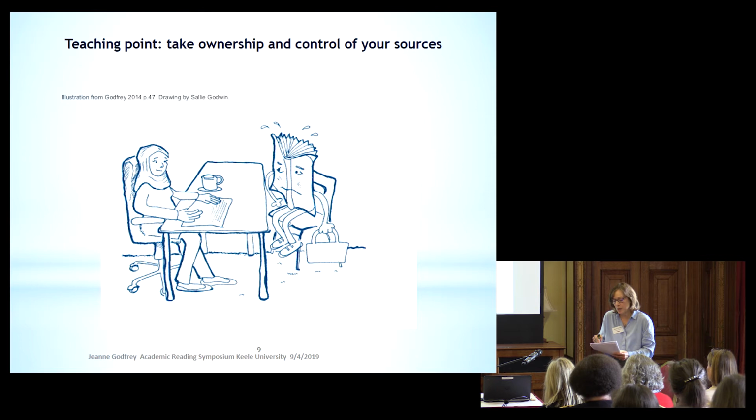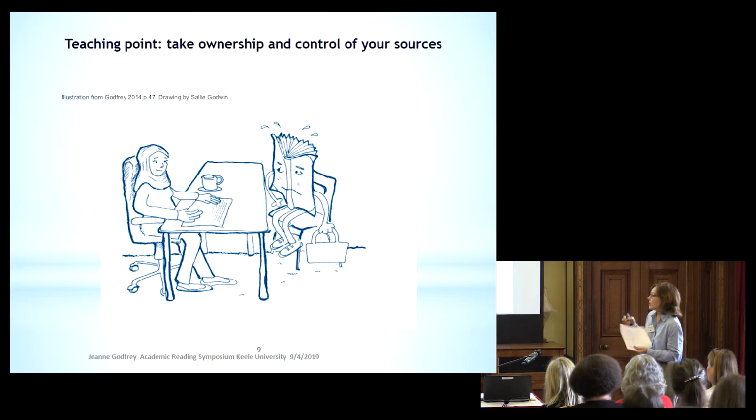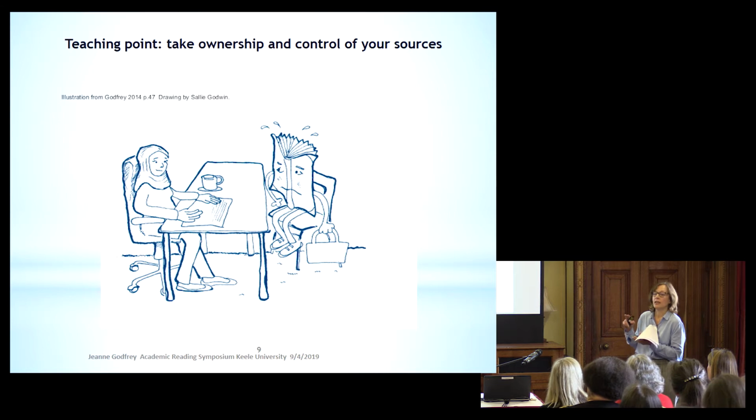You might not know exactly how you're going to use it in your essay yet. That will change, but you might have a rough idea. So you should be interviewing your sources. What are its qualifications? Has it got credibility? Has it got the right experience? Will it fit the job description? Will it do what you want it to do?